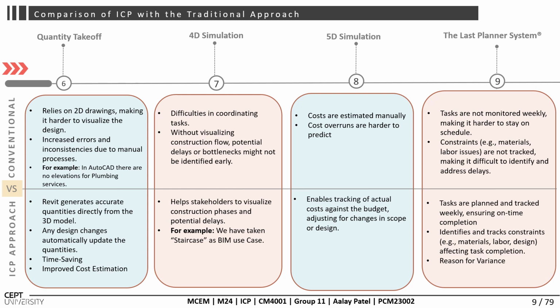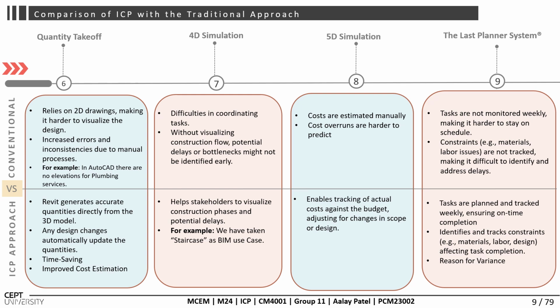Coming towards the 4D simulation, the conventional approach makes it difficult to coordinate tasks without visualizing the construction flow or potential delays. The ICP approach helps stakeholders to visualize the delays.